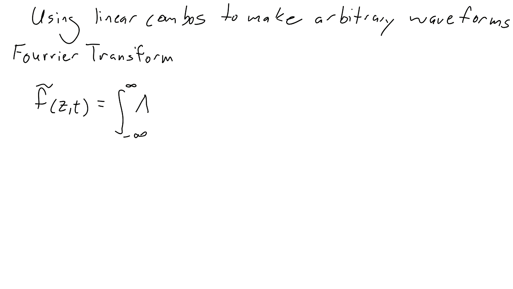Here what we're going to do is, instead of taking a discrete sum, we're taking a sum over a continuum, an integral. And instead of having a whole bunch of separate waves, each with their own amplitude, we're going to have a continuum of waves. And so their amplitude is going to be a function of the thing that's forming the continuum.